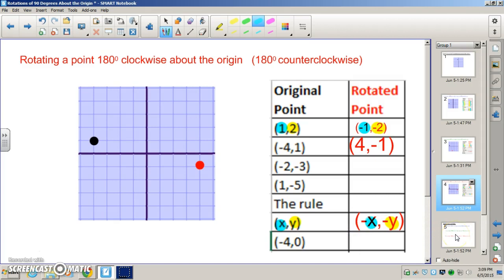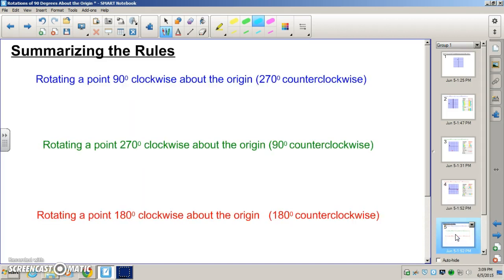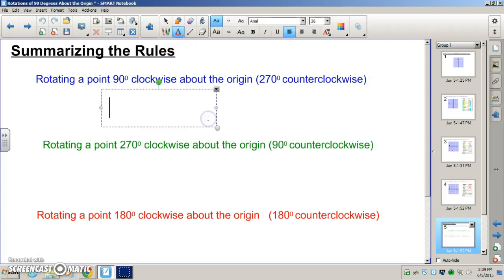So if we wanted to generalize these, I'm going to put it all on one summarized page. When you rotate clockwise, you're always starting with XY, and it goes to, so let's draw an arrow here, instead of XY, it switches the order, YX, but one of them became negative, and it happened to be the back side.